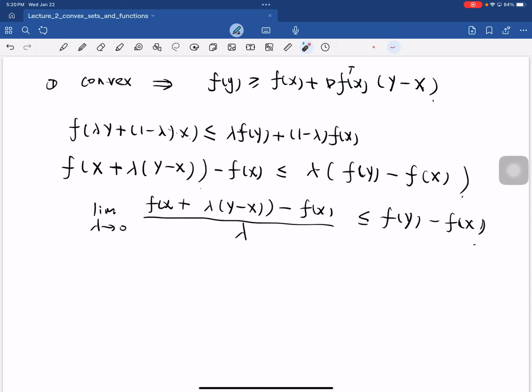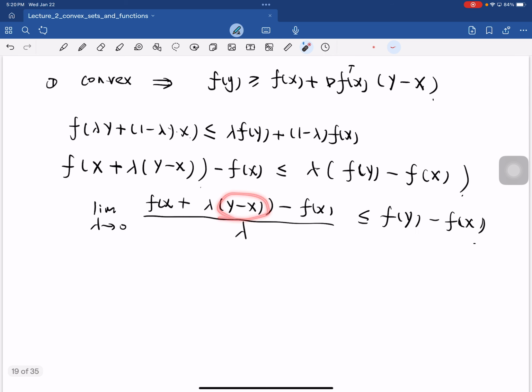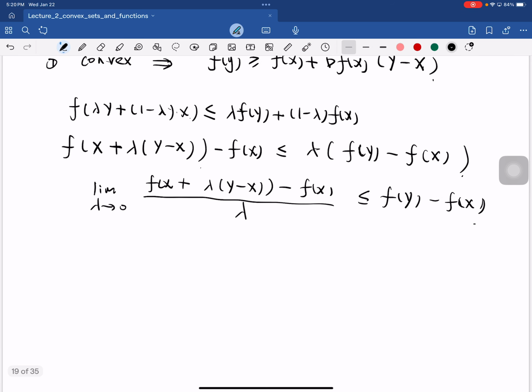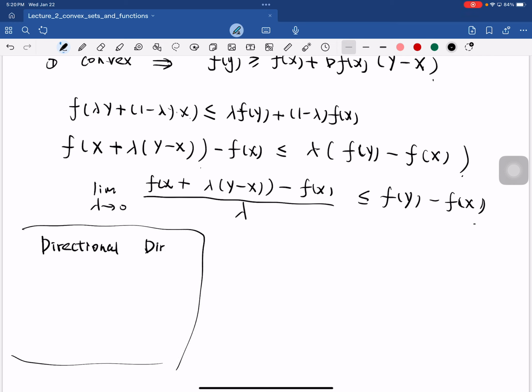Now look at this term. What is this? It is the directional derivative of this function at x in the direction y minus x. We didn't talk about directional derivatives in the last lecture, so let's open a box for the definition.